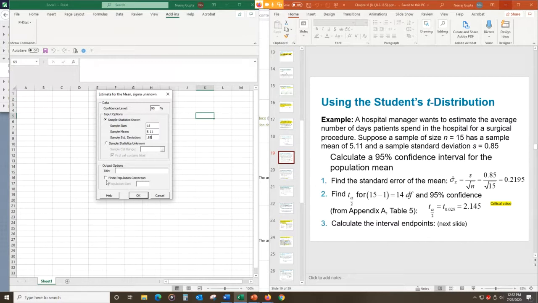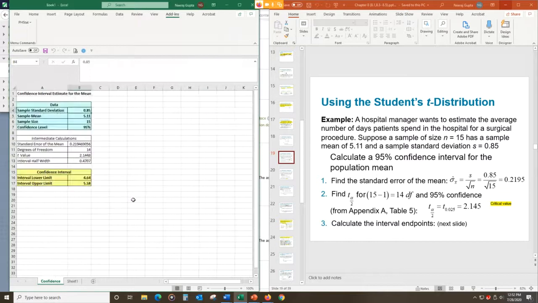So we are not checking this one, and I just click OK. So now here, if I was using Excel, I would need to first find the standard error using this formula, which we used in chapter 7. But you see here, the standard error is obtained in the same window, 0.2195. Do you see that? Yes.